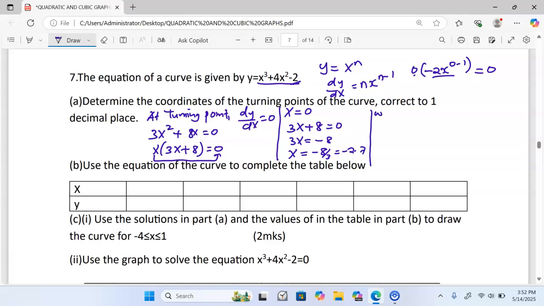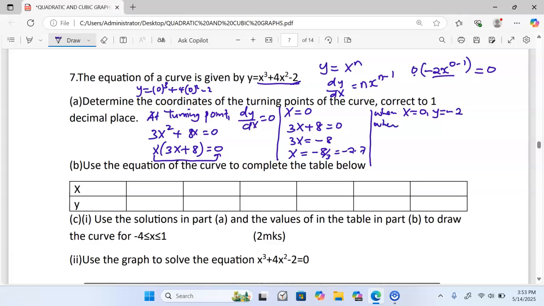Once we have done that, we can now get the values of y. When x is 0, the value of y is going to be, we can now use it here, y will be equal to x cubed. X is 0 cubed plus 4 times x, which is 0 squared minus 2. The value of y will be negative 2.